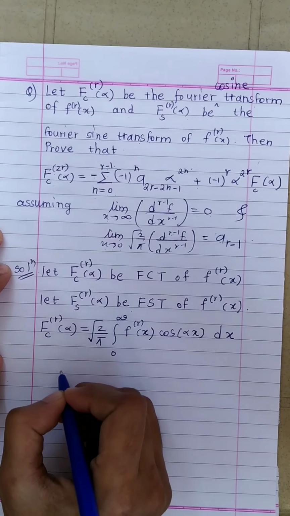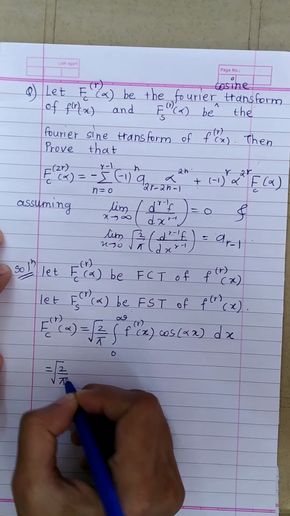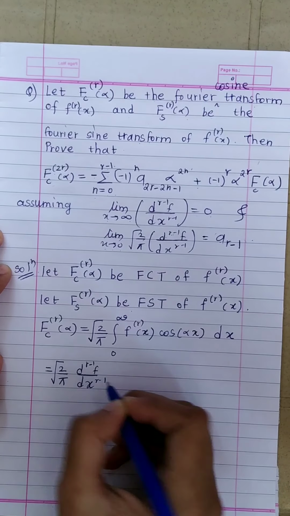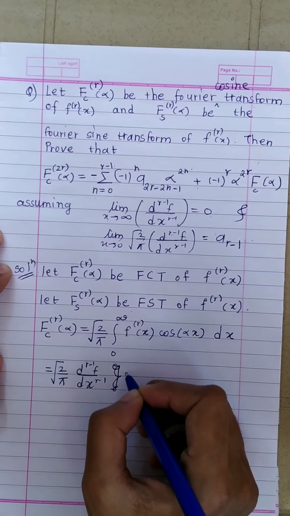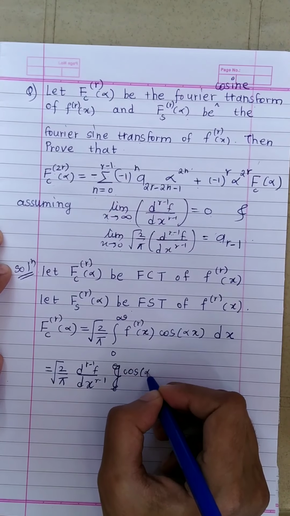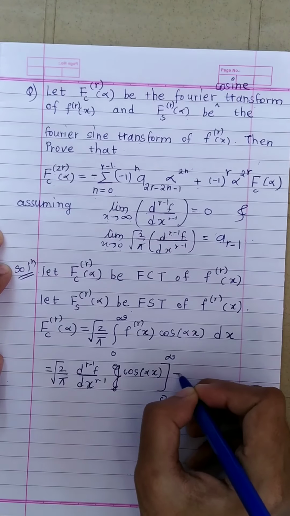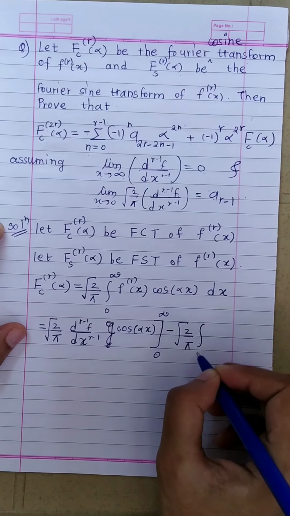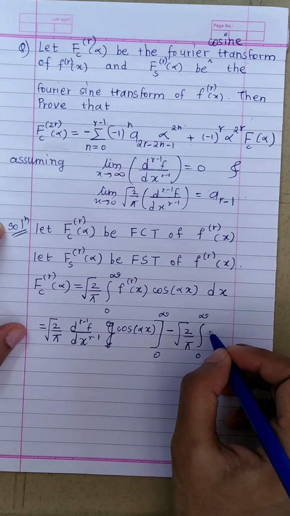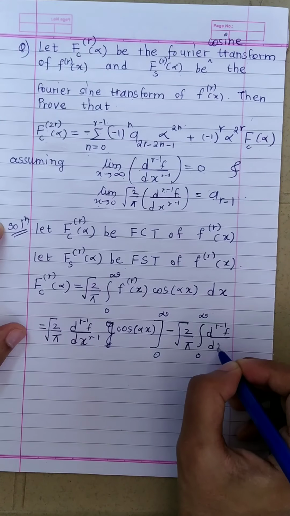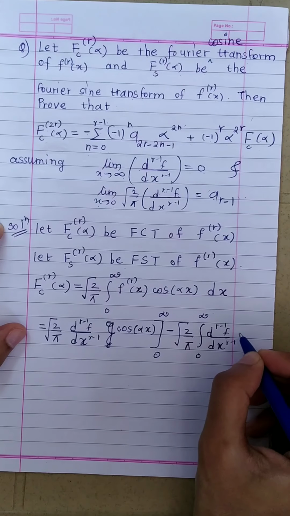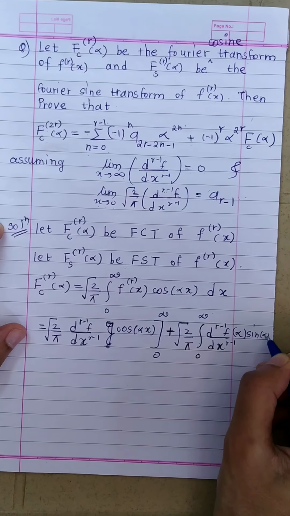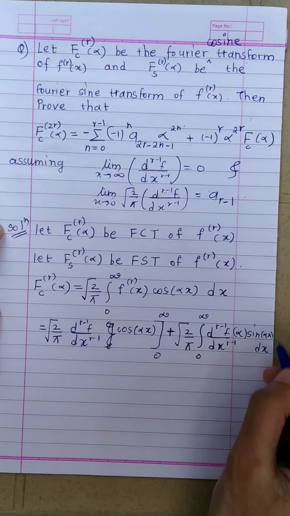If we use integration by parts, what we will get is root of 2 by pi into the r minus 1th derivative of f of x into cos of alpha x, minus root of 2 by pi into the integral from 0 to infinity of the r minus 1th derivative of f into the derivative of cos alpha x, which is minus alpha sine of alpha x, so that minus into minus will become plus alpha into sine of alpha x dx.